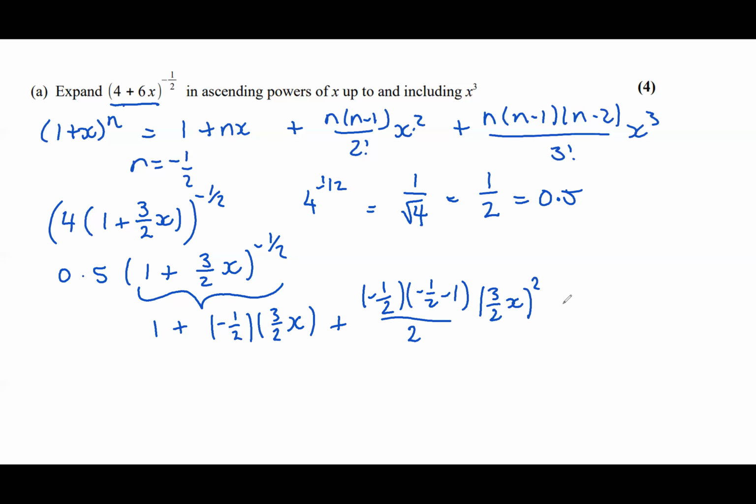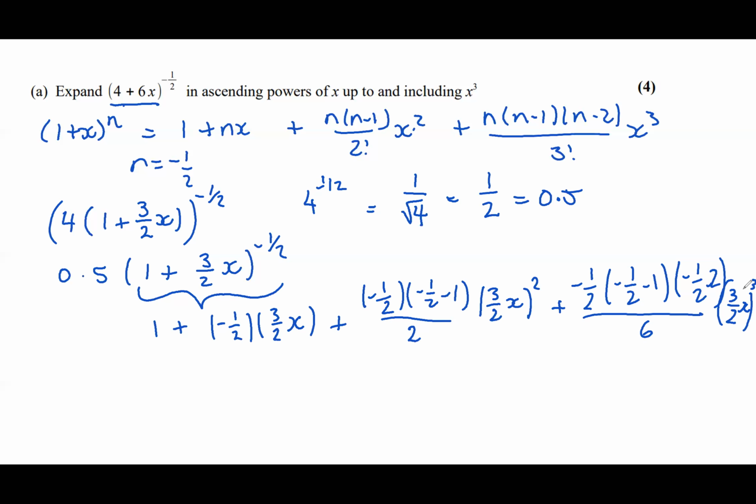So that's the third term. Now the fourth term, we have (-1/2 - 1)(-1/2 - 2) all over 3 factorial, which is 3 times 2 times 1, which gives us 6, and then multiplied by (3/2 x)³.